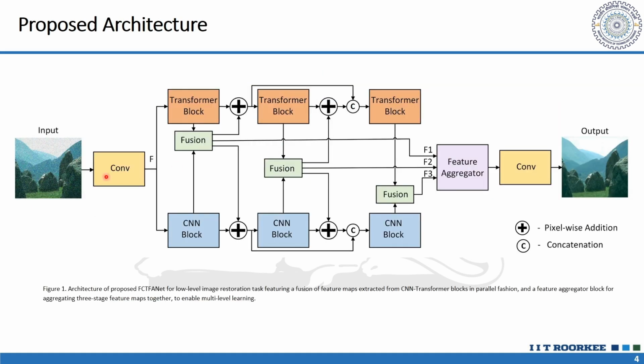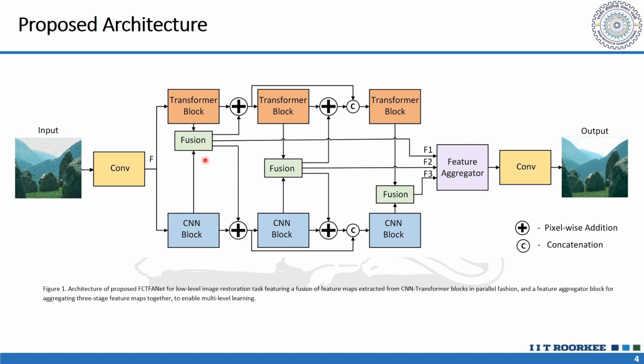So this is the architecture we are proposing. The input image, which is a degraded image, will be passed first to the convolution layer. The features extracted from the convolution layer are simultaneously passed to the transformer and CNN blocks. The features extracted further from the transformer and CNN blocks will be fused together with the help of a fusion module.